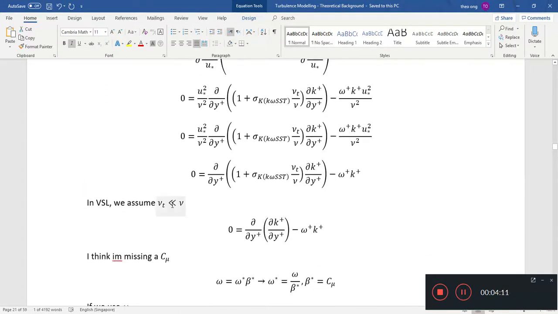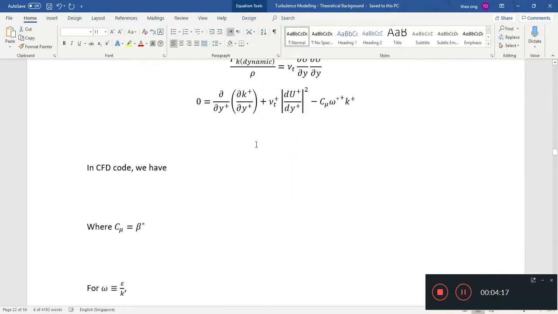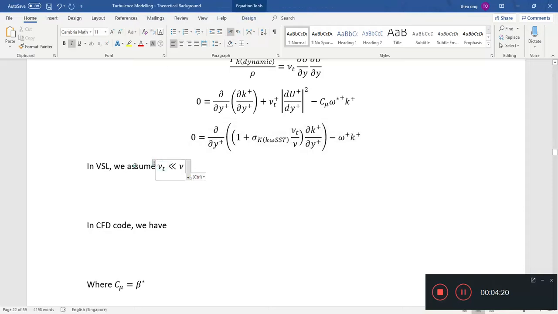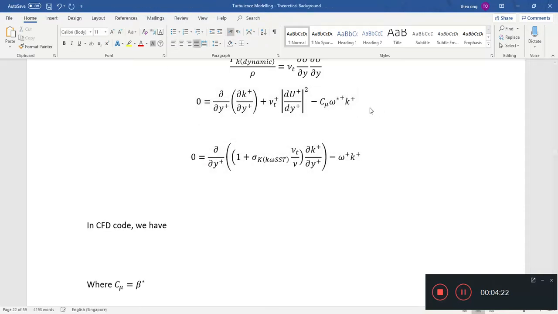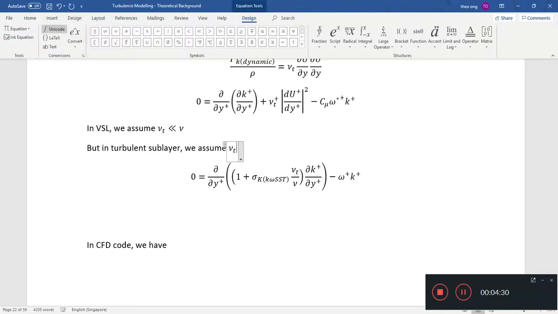In the viscous sublayer we assume this, but in the turbulent sublayer we assume nu t is much greater than nu.